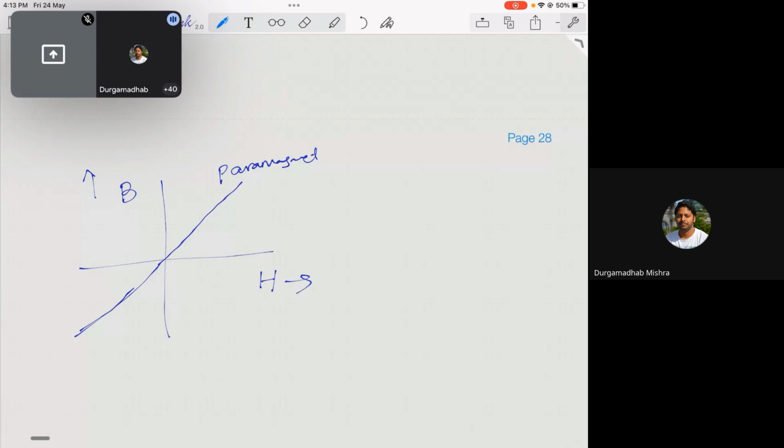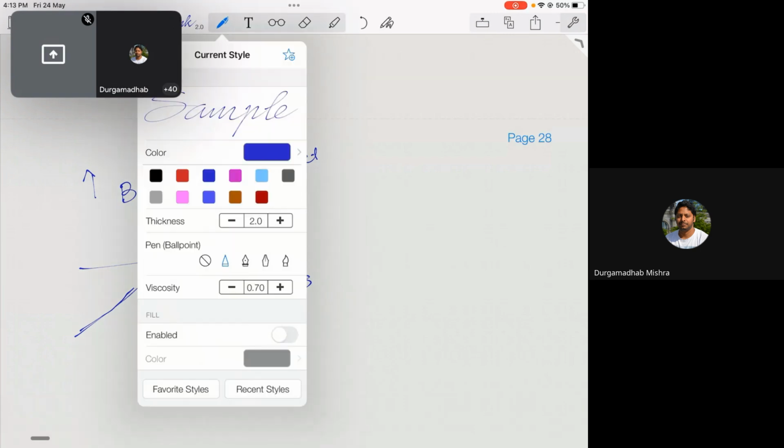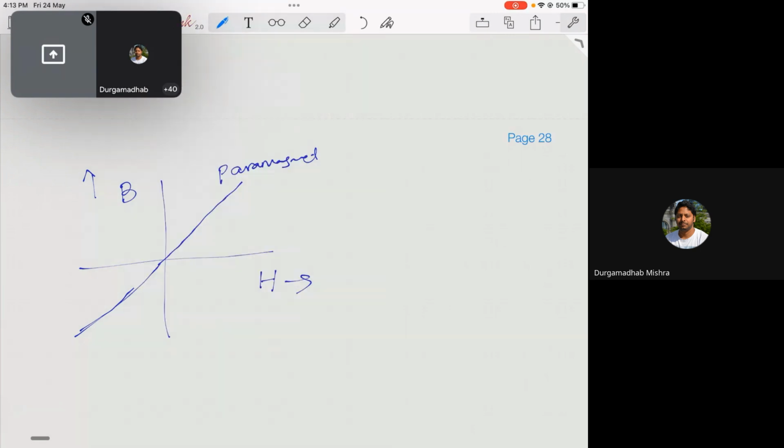In case of a diamagnet it will still be linear, but very small. So there will be a very small magnetic field B induced due to the magnetic field H in a diamagnet.